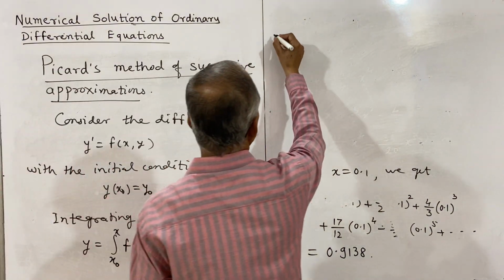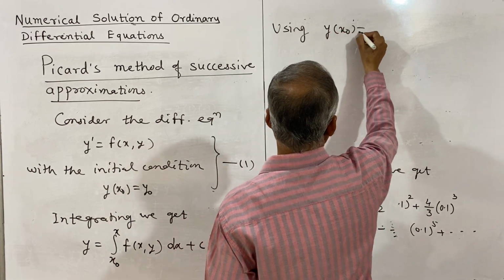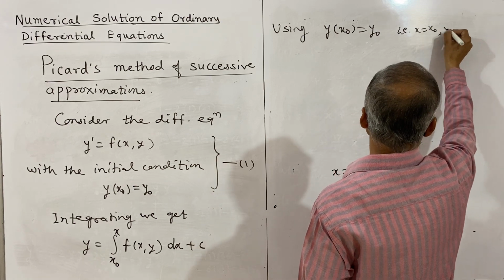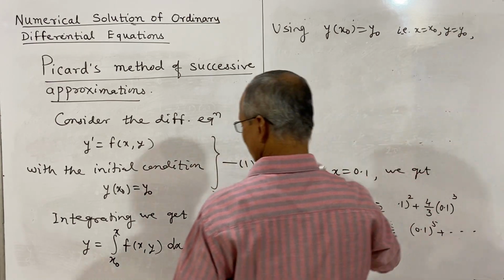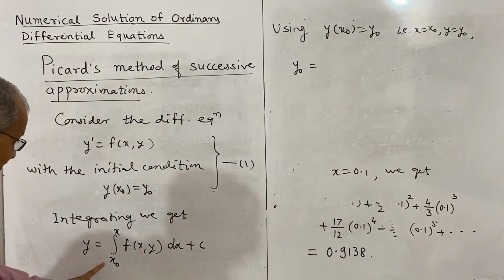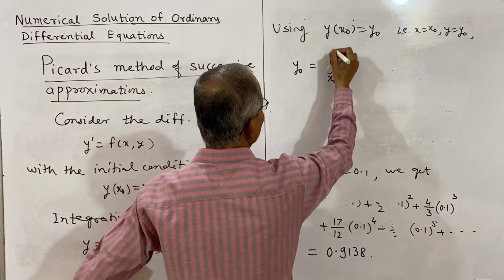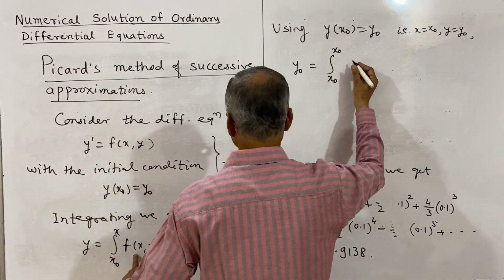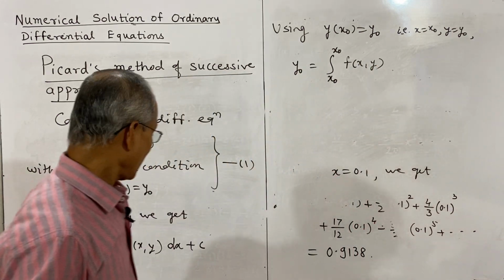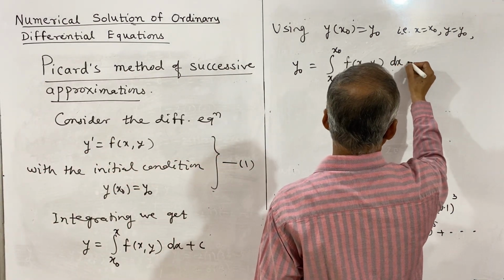So using the condition y of x naught is equal to y naught, that is, x is equal to x naught, y is equal to y naught, we get y naught on the left side, and on the right side the integral from x naught to x naught of f of x comma y dx plus a constant.